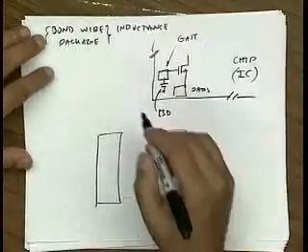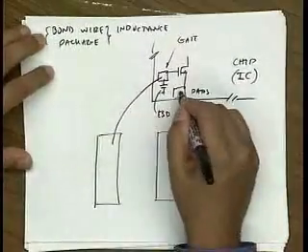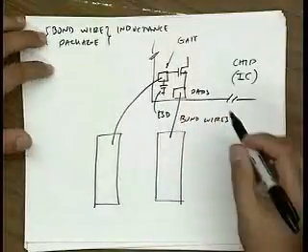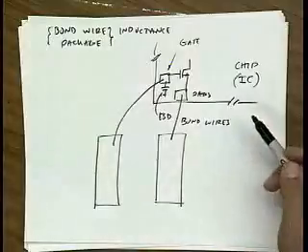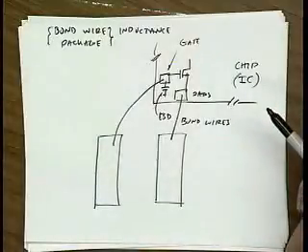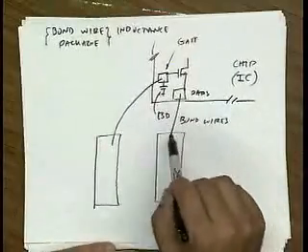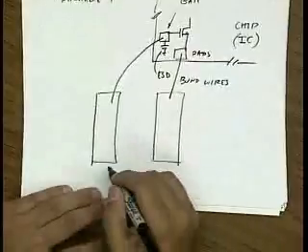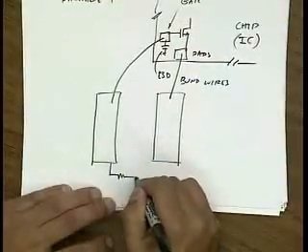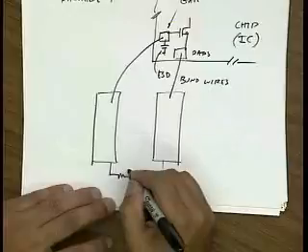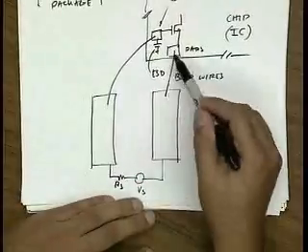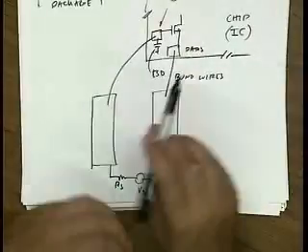The package means that I have to use bond wires to connect from the pads to the package leads. There is a technology called chip on board where you actually directly bond to the board, but that's not as common. It's more common to go into a package. Okay? And so then this is where I connect up my source. So it has to drive these leads and then these bond wires and then the transistor itself.